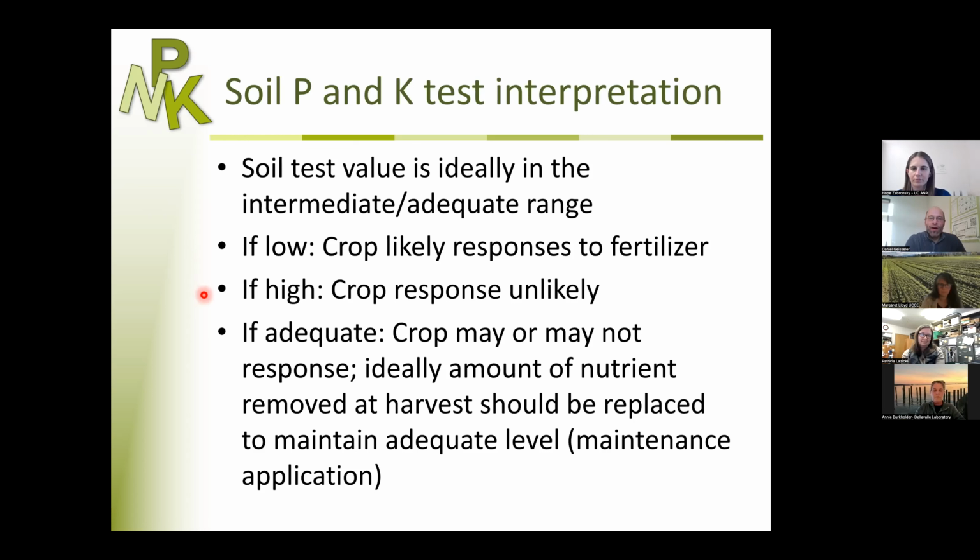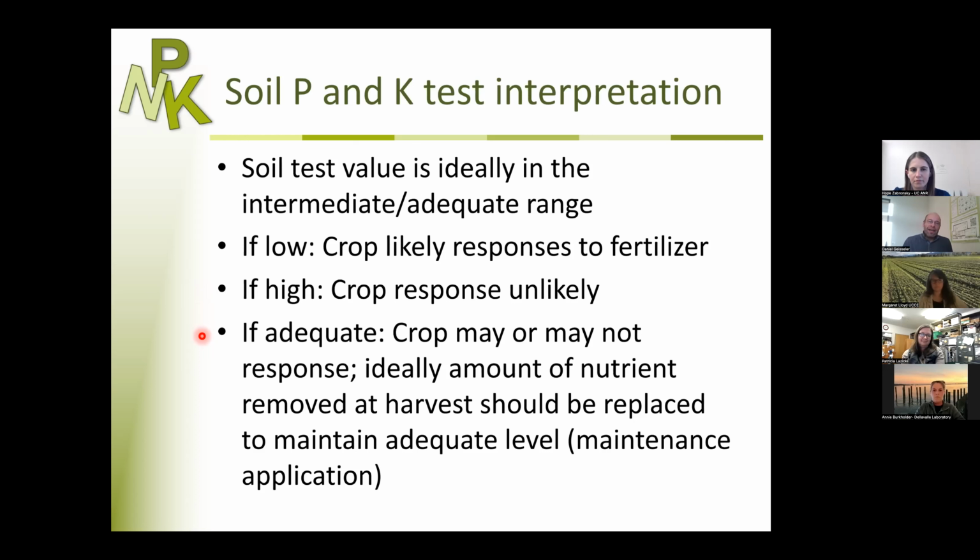If the level of phosphorus and potassium is high, that means it's very unlikely that the crop will respond to a fertilizer application of these nutrients. So in these cases, you may reduce the application rate or even skip it for a year or two. If it's in the adequate range, that means it's not quite clear whether the crop may or may not respond to a fertilizer application.